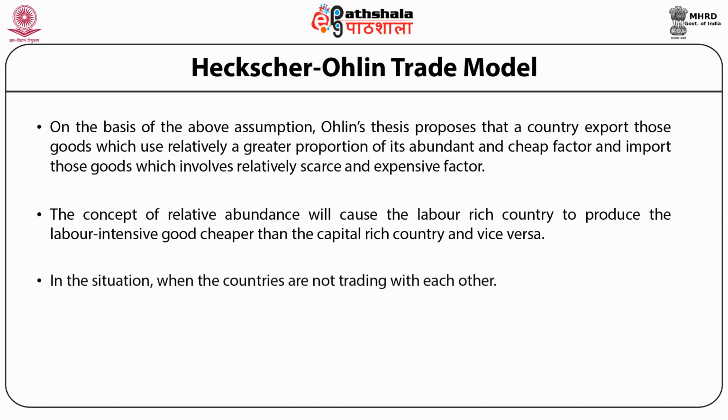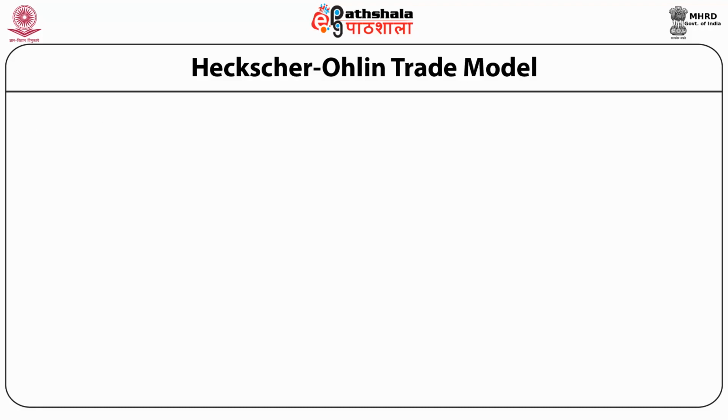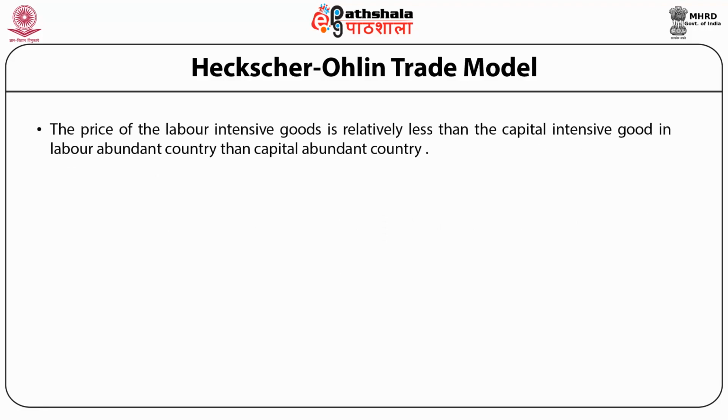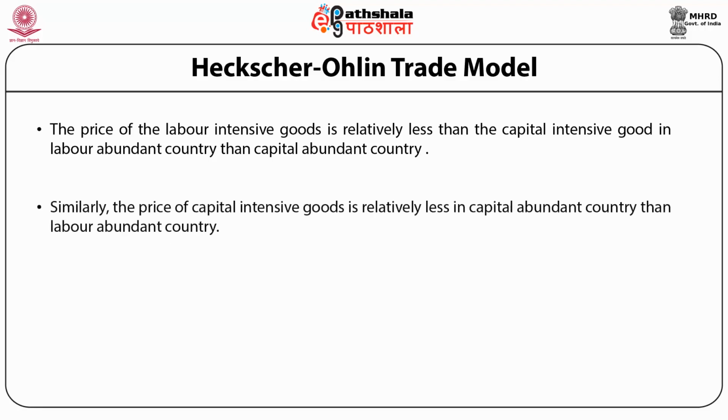In the situation when the countries are not trading with each other, the price of the labor-intensive good is relatively less than the capital-intensive good in the labor-abundant country than in the capital-abundant country. Similarly, the price of the capital-intensive good is relatively less in the capital-abundant country than in the labor-abundant country.